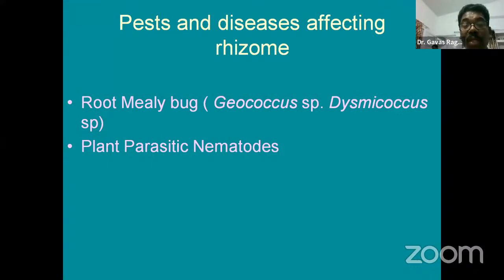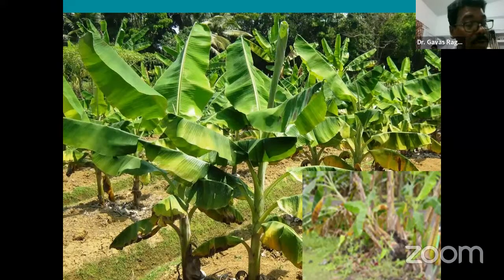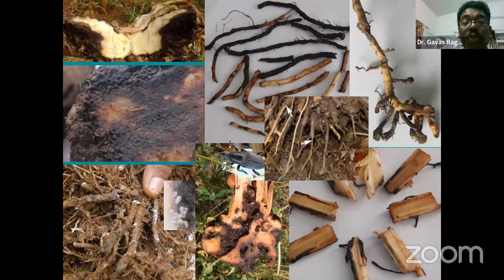So now coming to the damage caused by root mealybug. For Geococcus species, the damage symptoms are produced as yellowing of leaves. And just to confirm the presence, if you remove the soil around the plant base, you will see white glistening colonies, white masses of these Geococcus mealybugs attached to the root surface.